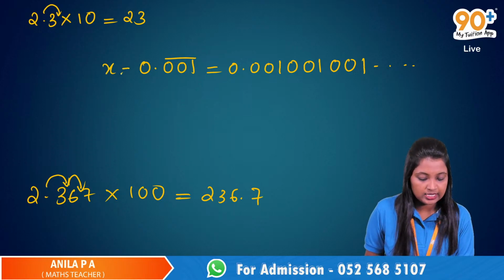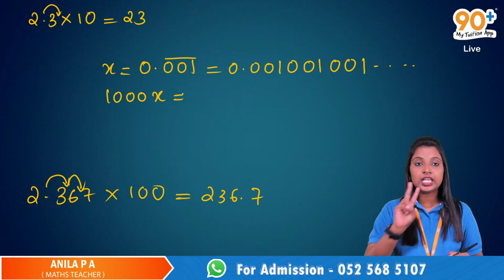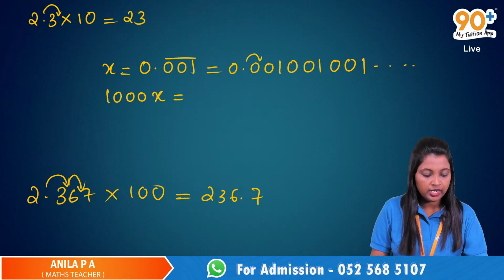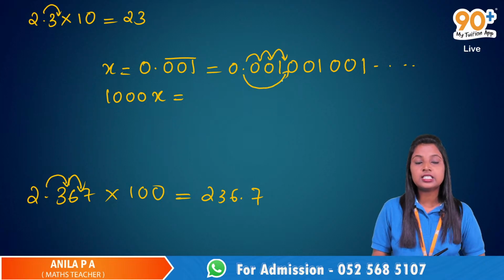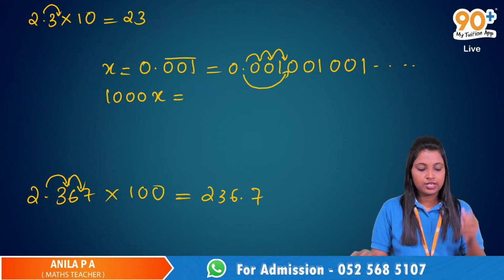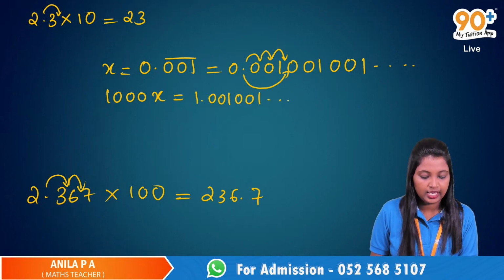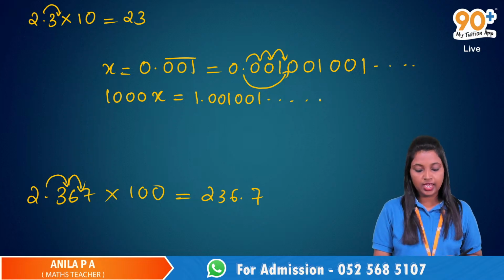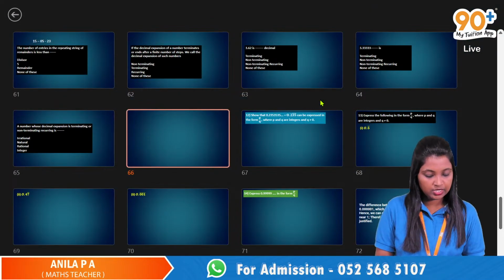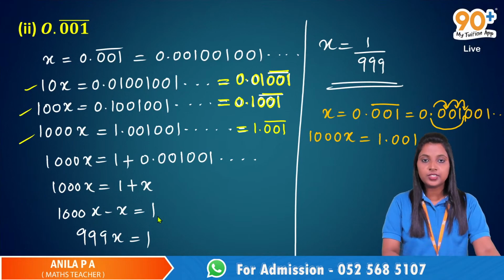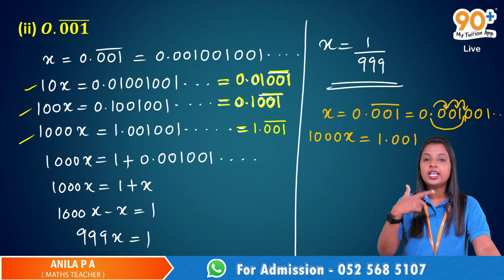Here this is x and we have to take 1000x, which means we have to shift 3 decimal points, 1, 2, 3. So from here to here the decimal will shift, and it will be 1.001001, like that. Instead of that, here we just took 10x first, then 100x, then 1000x.